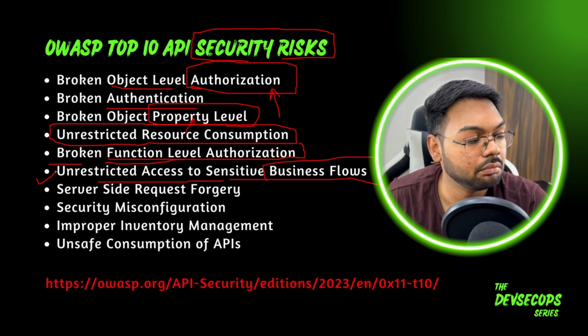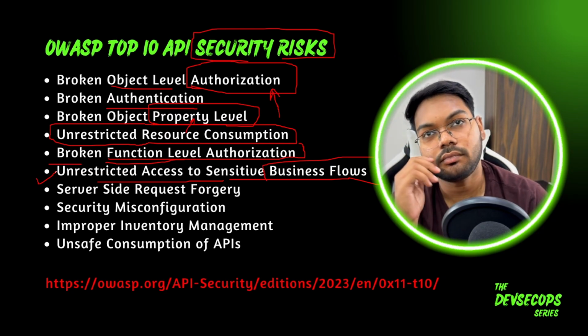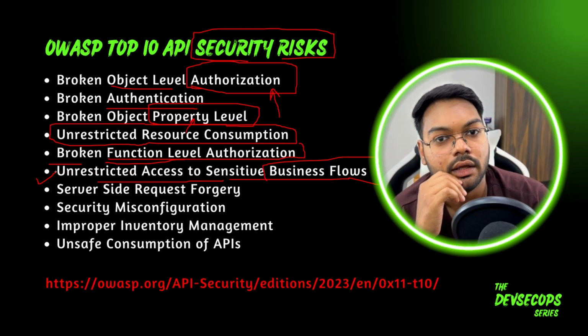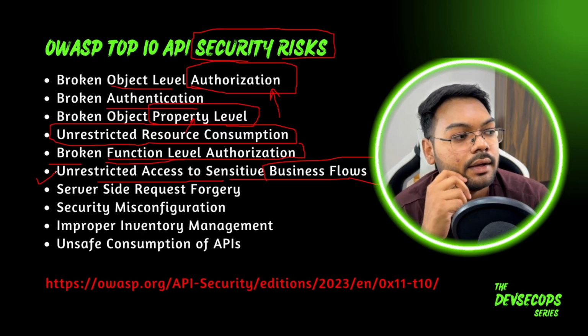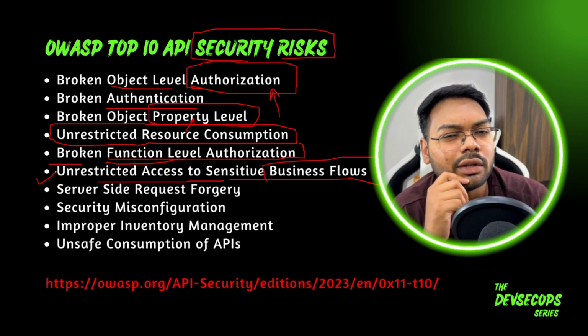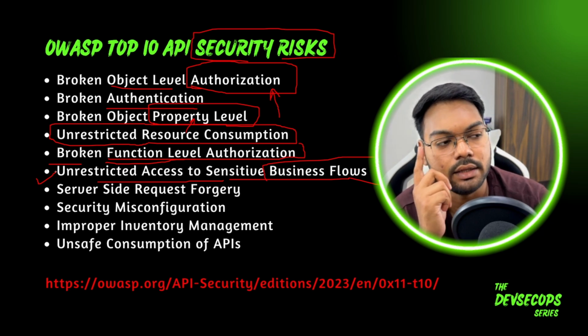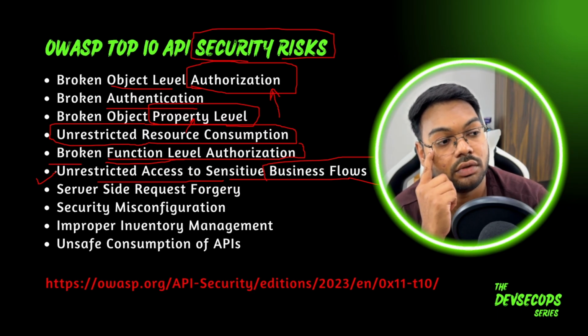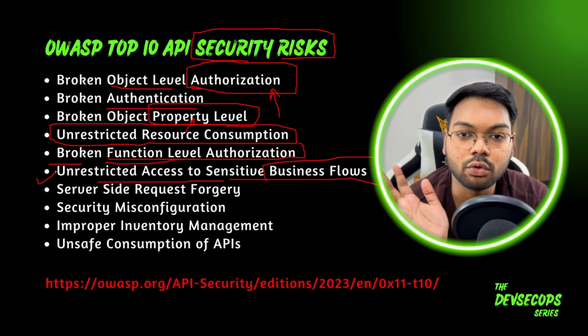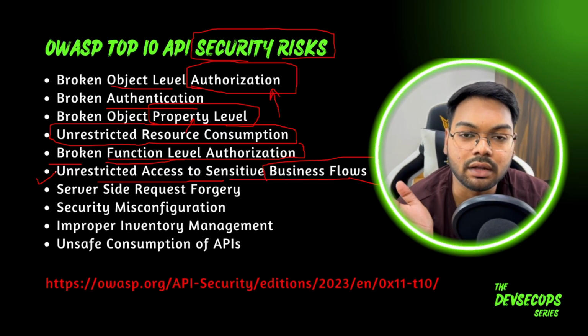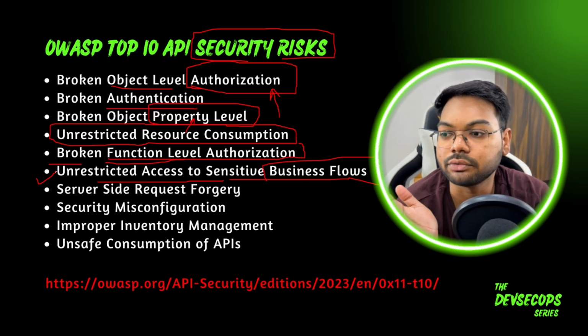Consider your bank. If you have a lakh rupees, $1 million in your bank account, and someone got hold of the customer ID of your account, and then somehow they also got to know that your password is saved in one particular database, and then they got that particular password.